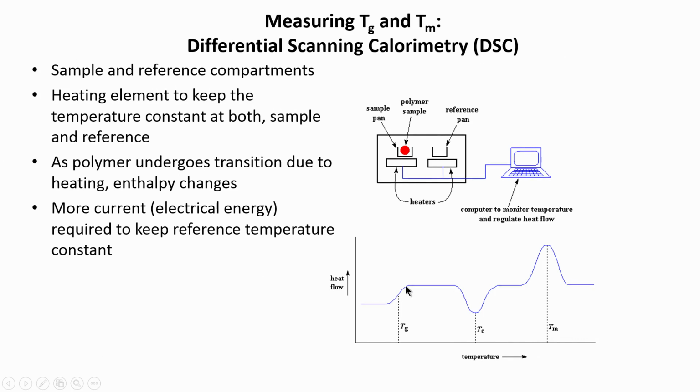So, the heat flow increases, then it becomes constant again, and then when it is close to Tm, you need further induction of heat so that the polymer chains can be separated from the intermolecular forces, so it goes further up. These transition points you can then determine for all the samples that you have, and that will give you an idea of Tg and Tm. A quick note here: what do you think is Tc?